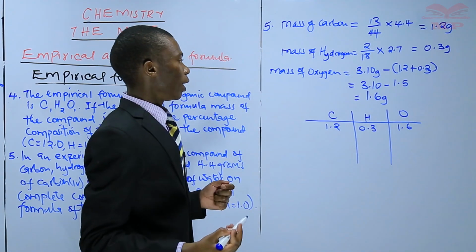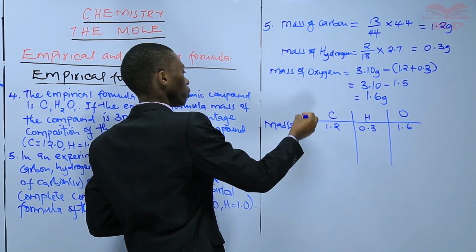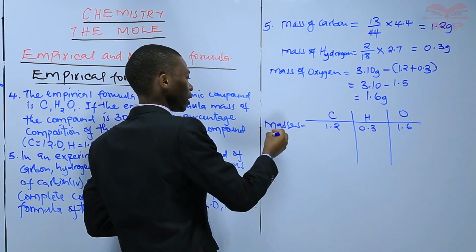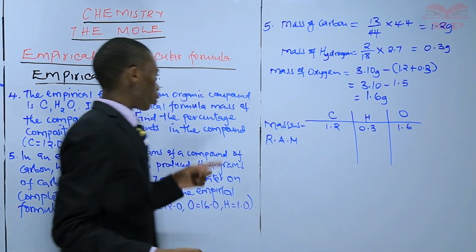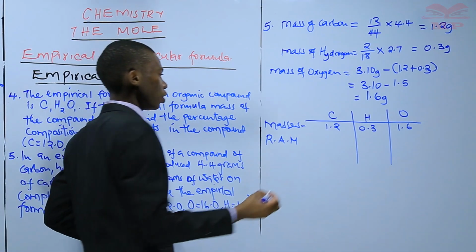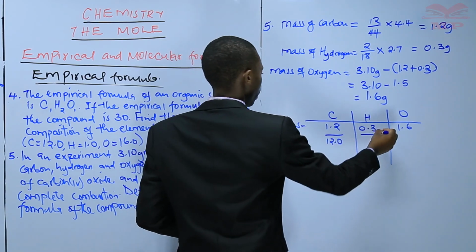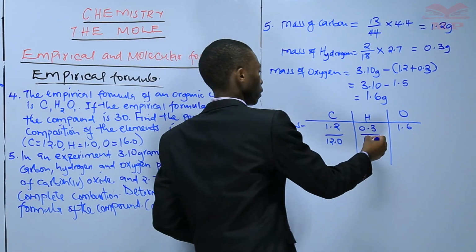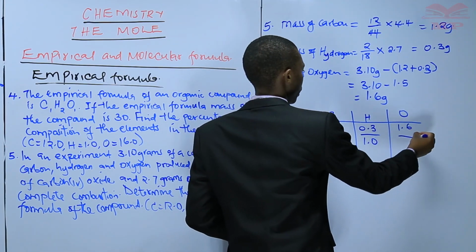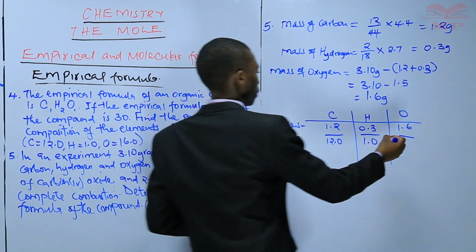Therefore, we divide these masses by the relative atomic mass. The relative atomic mass of carbon is 12.0, hydrogen is 1.0, and oxygen is 16.0.